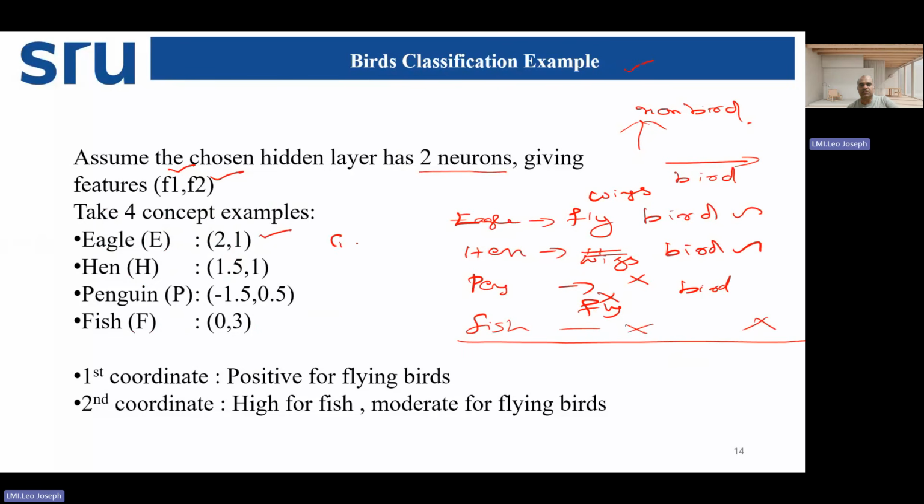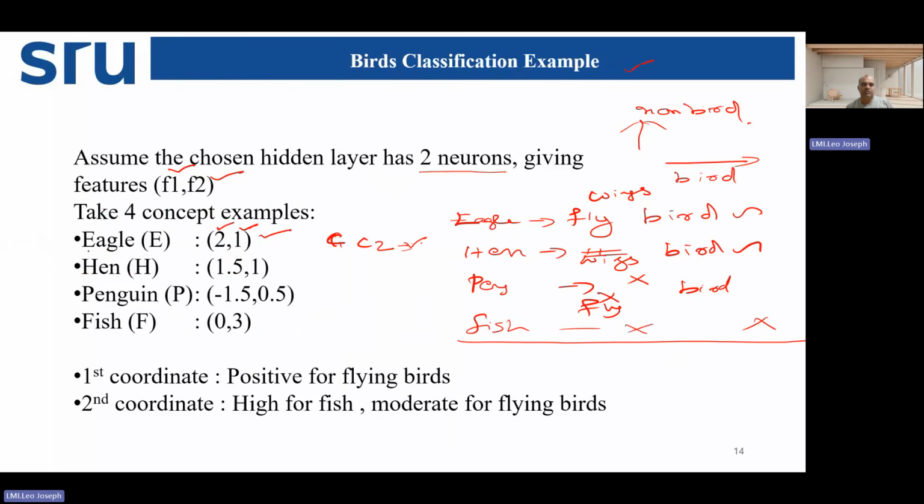That is C1 and C2 I am taking. This one is C1 and this one is C2. C1 becomes very high positive for birds, and C2 becomes very high positive for non-birds.